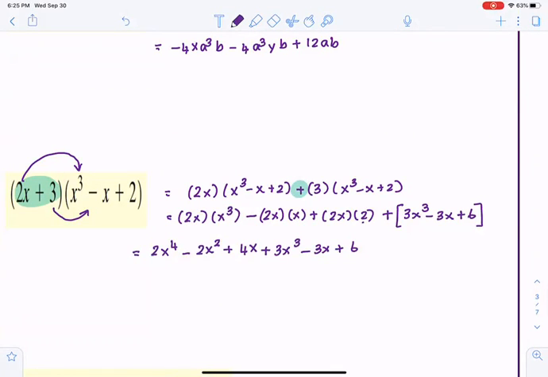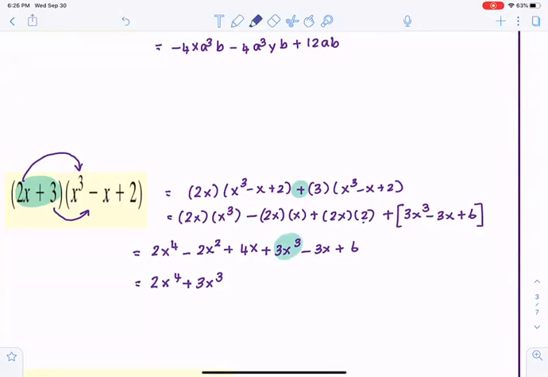So we don't see any x raised 4 terms except that 2x raised 4. There is one x cubed term there, but no other x cubed terms, so plus 3x cubed.